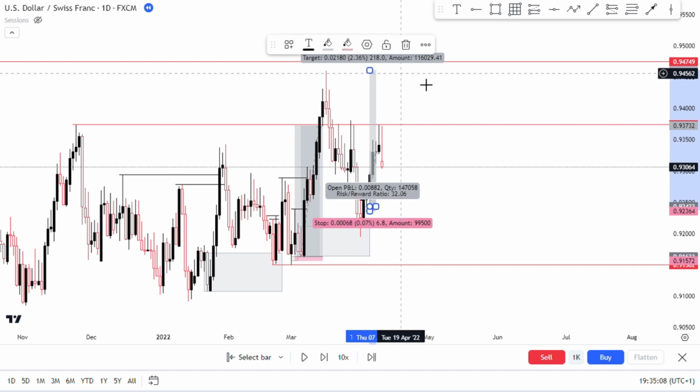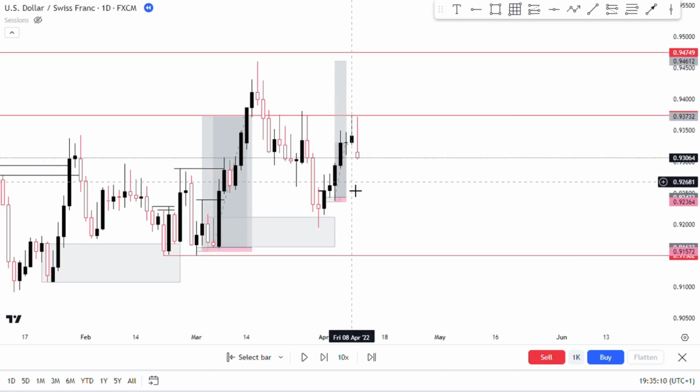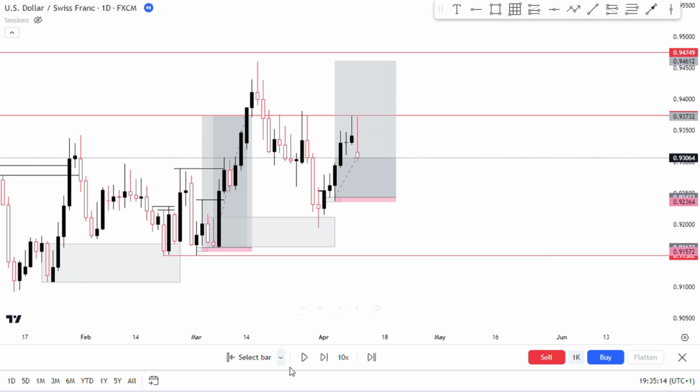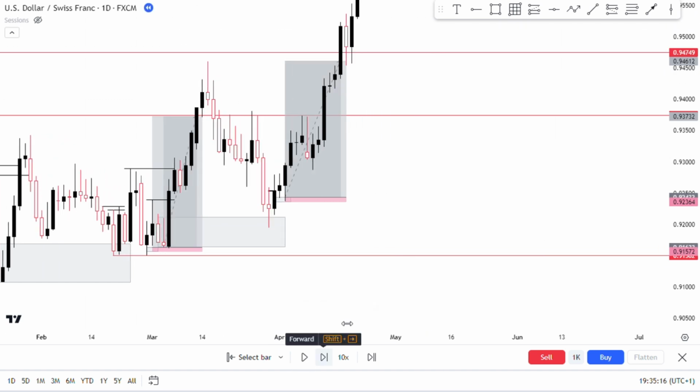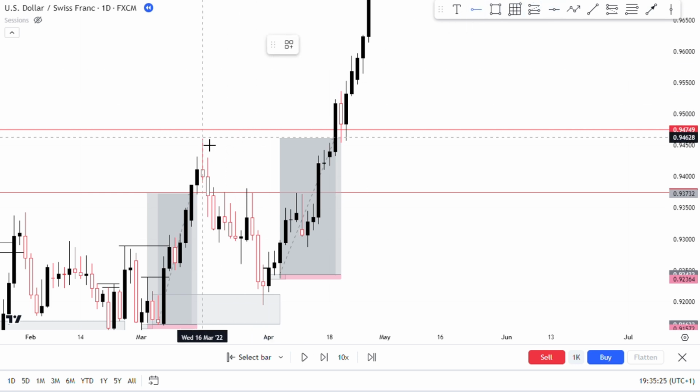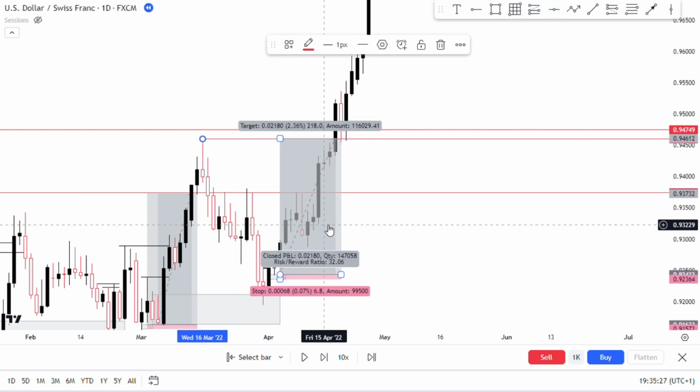You can see this move also ends up giving a 1 to 32 ratio. Let me play the market out to see price. Can you see that price kept on going in a bullish direction and also gets to this particular high? So this will set our take profit. So it gives us 1 to 32.